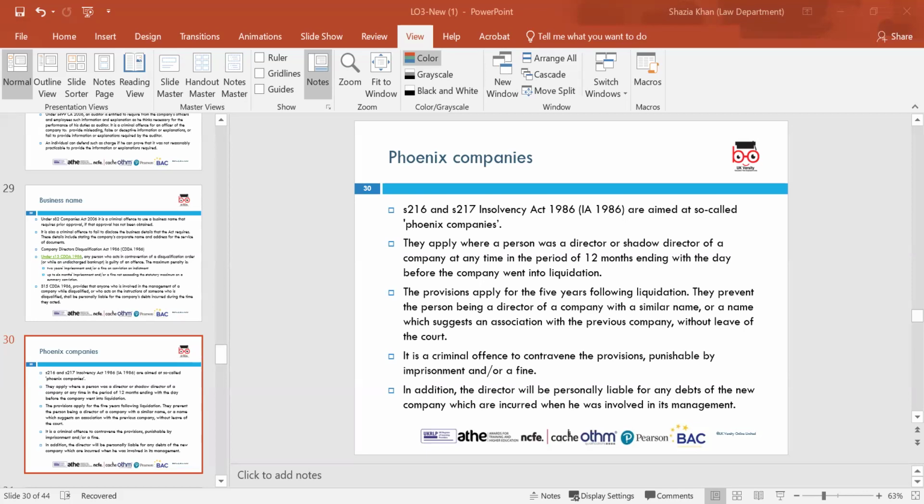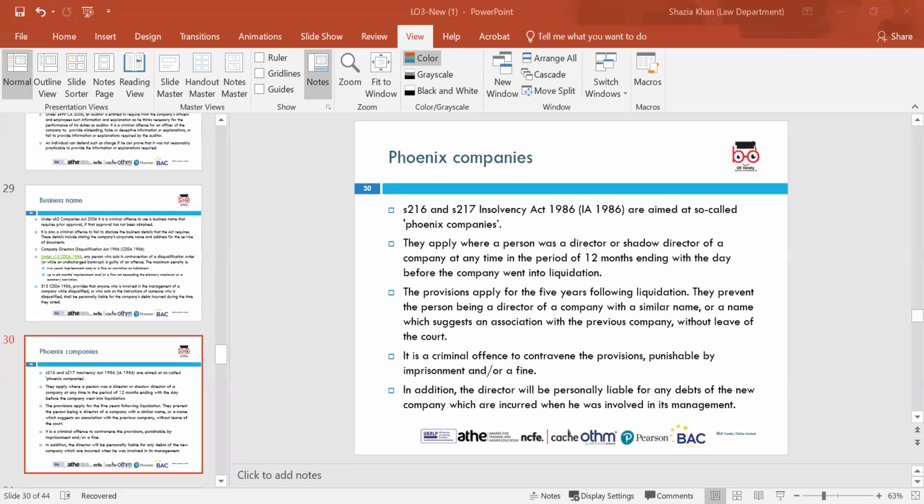So, there are lots of companies out there that do these Phoenix companies, and they fall within Sections 216 and 217 of the Insolvency Act, which are referred to as Phoenix companies. An example is General Motors. It is an example of a Phoenix company, Motors Liquidation Company, the original General Motors. So it's quite a growing thing within the UK.